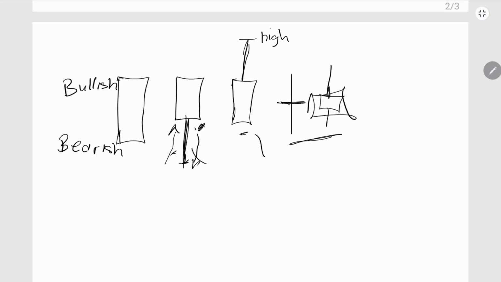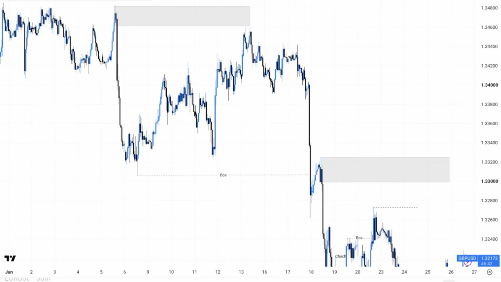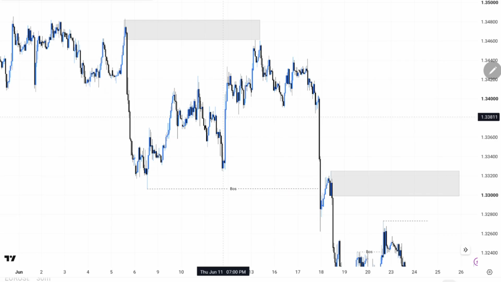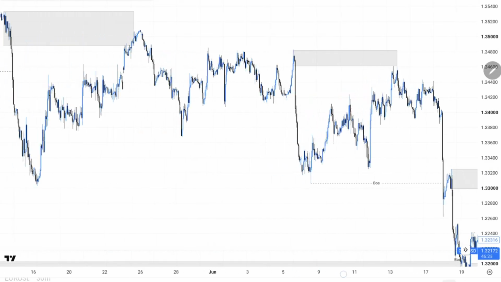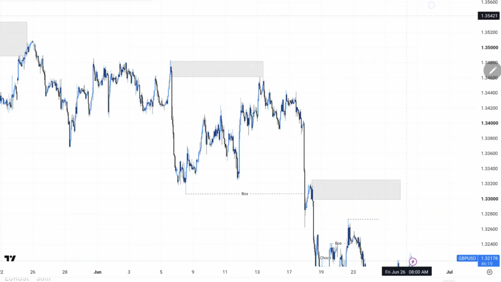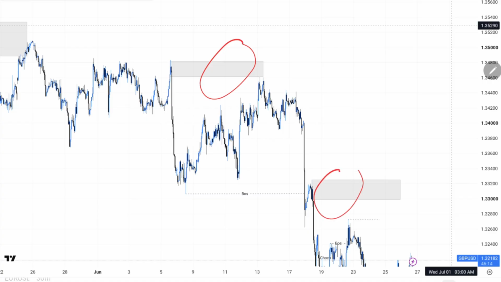Almost the same volume. Take note of the candlesticks just around your key levels, your points of interest where you want to be trading, because everywhere on the chart the candlesticks will be giving you different information, but you have to focus only on your key levels. Here on my charts, these are the levels I've marked, this level here, this level here.